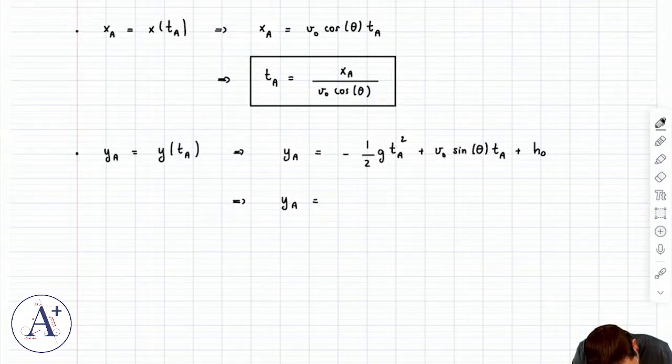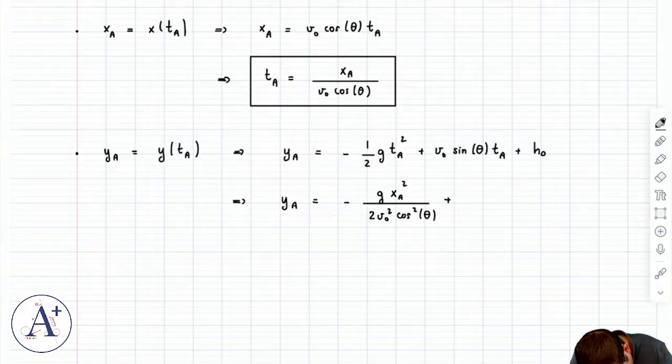This is going to be minus g xa squared divided by 2 v0 squared cosine squared of theta plus, well, this is v0 sine, and I'm going to divide by v0 cosine. So v0 goes away, sine over cosine is tan theta xa plus h naught.